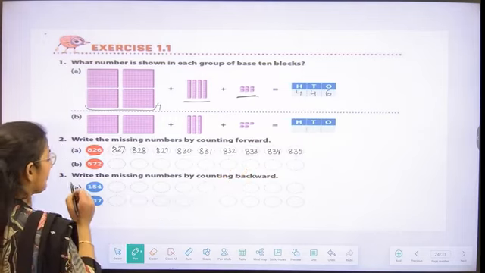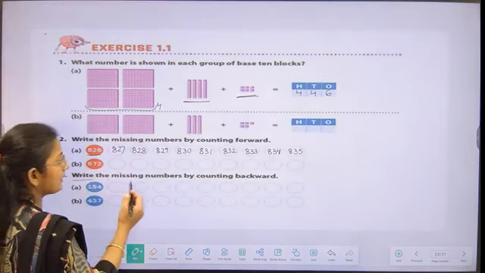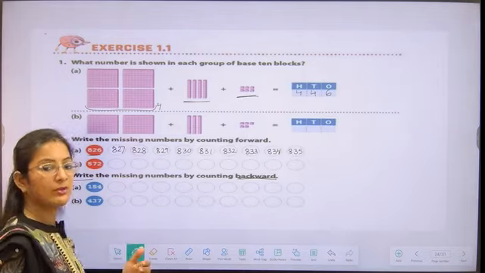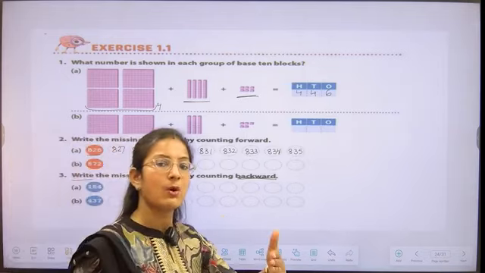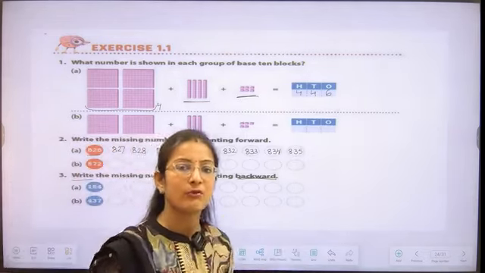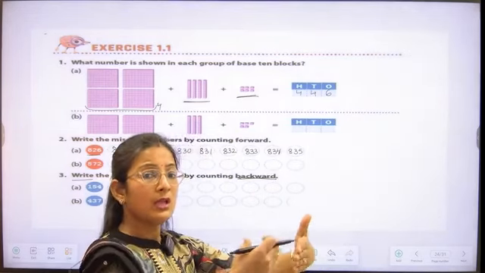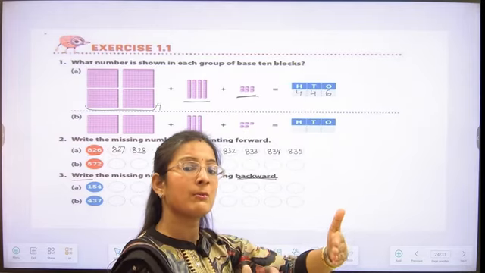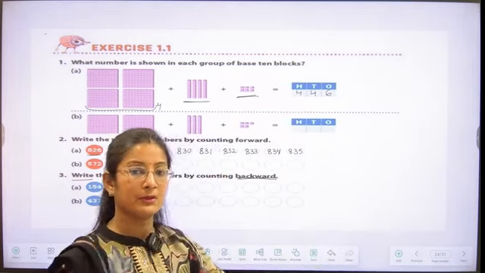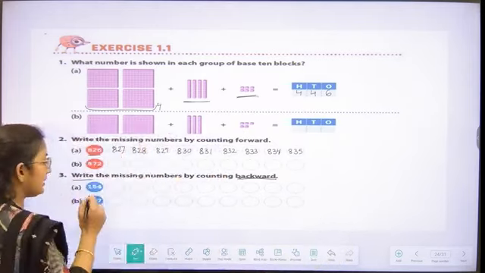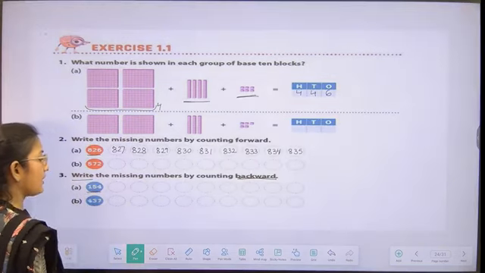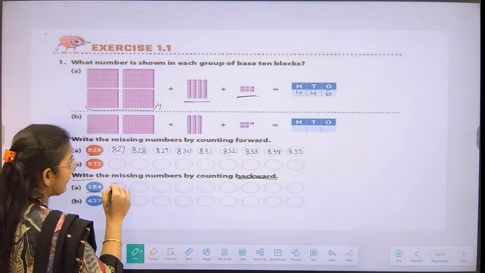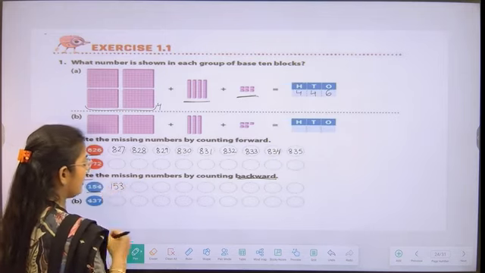Moving to the next question, what we have to do? We have to write the missing numbers by counting backward. Now in this, we have to do the backward counting, students. In backward counting, we have to take a step back, or write the before number or the previous number. Let's do the first one with me. Our first number is 154. So the number just before 154 will be 153.